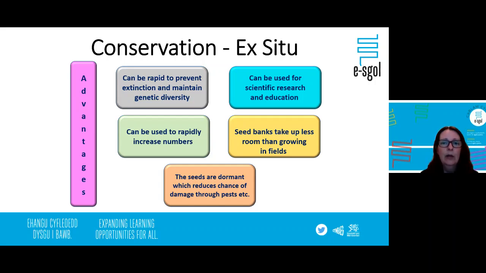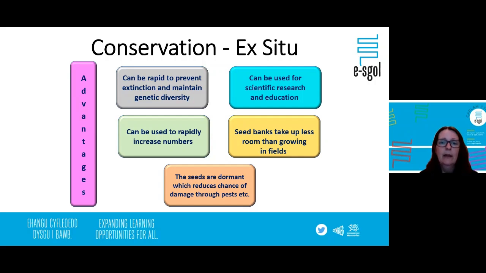If we look at the next particular advantage, we can take any organism and use it for research and for education. The idea of conservation ex situ is that we are carrying out conservation away from the particular area where there is an issue.